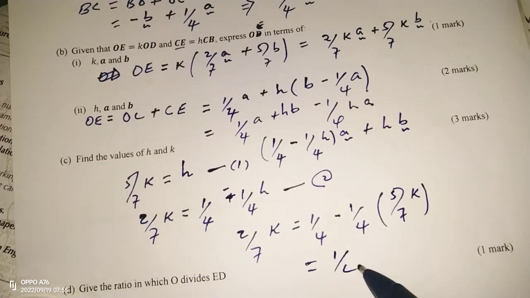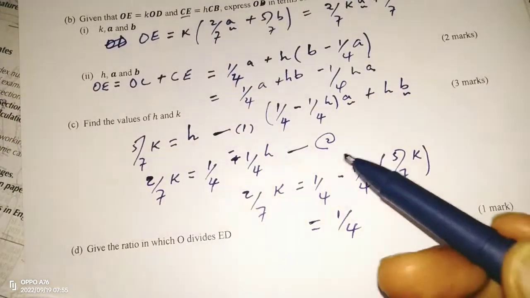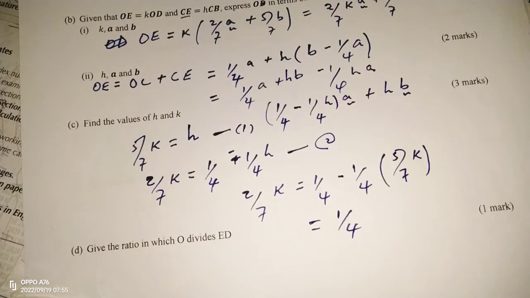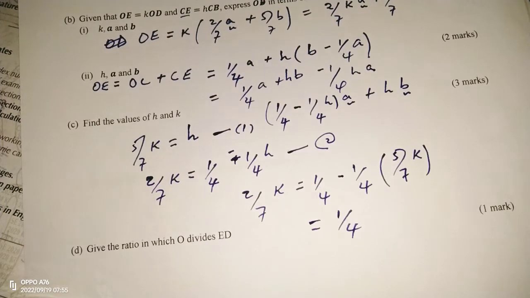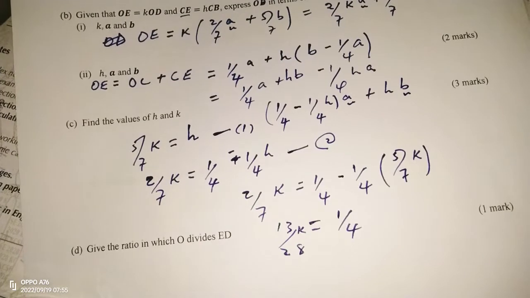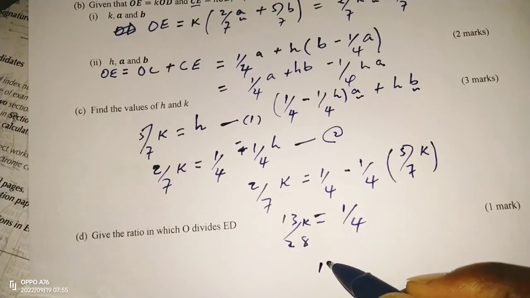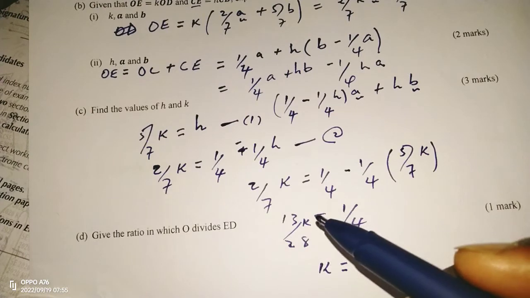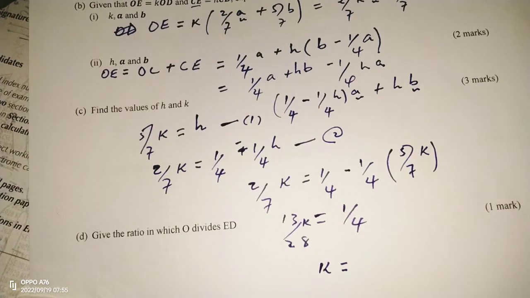So we remain with a quarter here, but on this side we add 5 out of 28 K to 2 out of 7 K. So 2 out of 7 plus 5 out of 28 gives 13 out of 28 K. To remain with K, we multiply by 28 out of 13 on both sides. A quarter times 28 out of 13 gives us 7 out of 13 as our value of K.